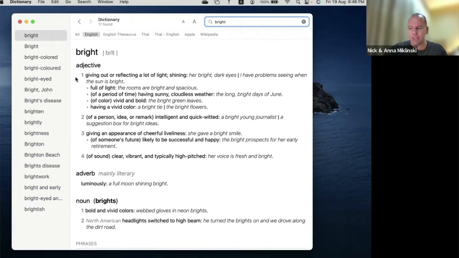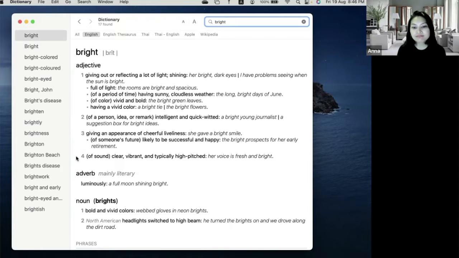So that's one version. We also have the second version, which is talking about somebody that's intelligent, smart, right? The third one for bright is giving the experience or appearance of cheerful liveliness. She gave a bright smile.